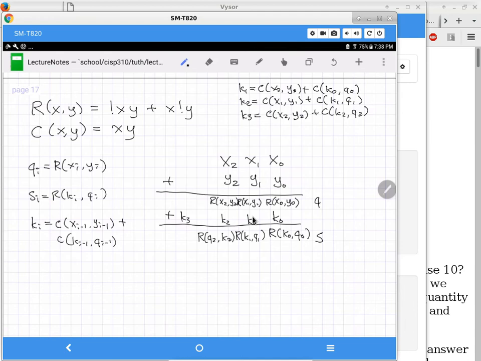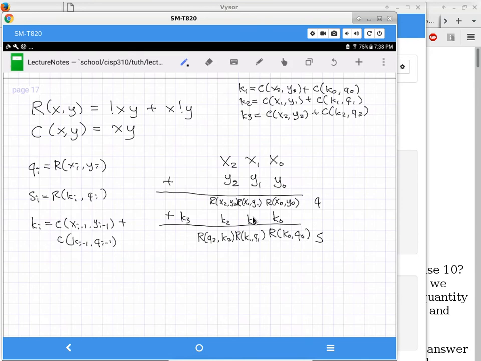Couldn't you write that as Ki equals Qi minus 1, Si minus 1? Rewrite it as what again? No. The carry doesn't depend on the sum. The carry can depend on the digits, or the partial sum and the carry. Oh, never mind. Okay.